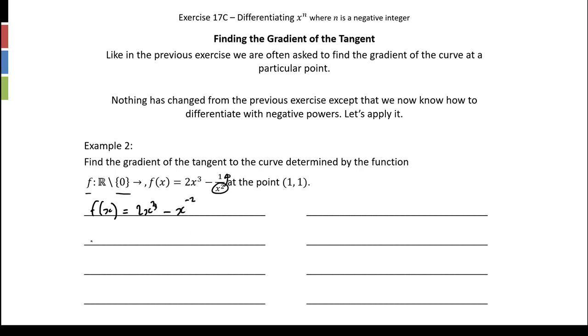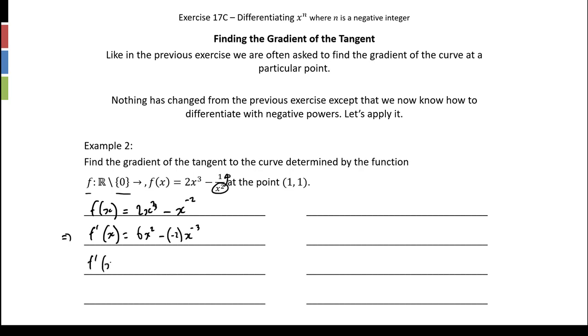Okay, so f dash of x is equal to, multiply by the power, so we get 6x, 3 times 2 is 6, take 1 from the power is x squared, minus, multiply by the power, negative 2x, negative 2 take away 1 is negative 3.